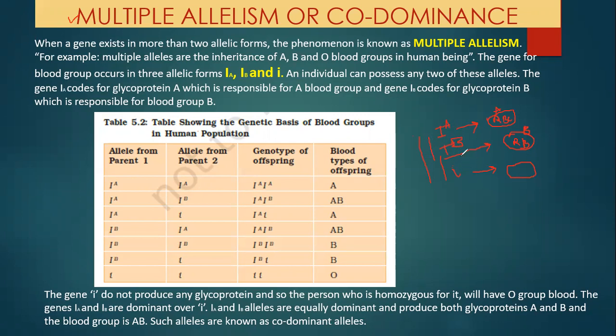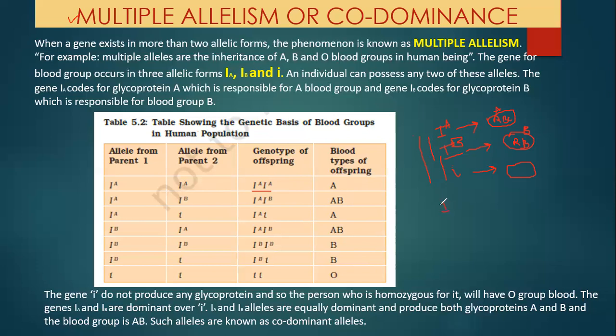As I told you, in a diploid organism, each offspring can have only two of these three alleles. Likewise, you are able to see here, you have IA and IA. And one more thing before we start with how blood grouping is done.